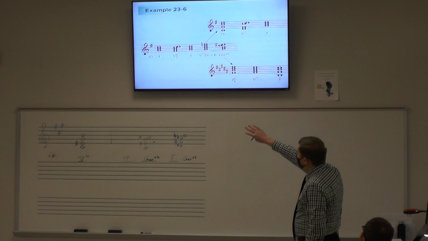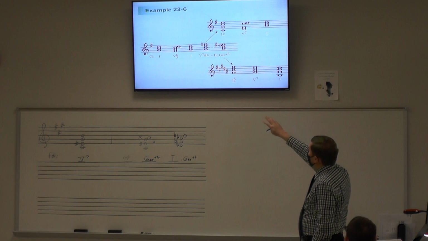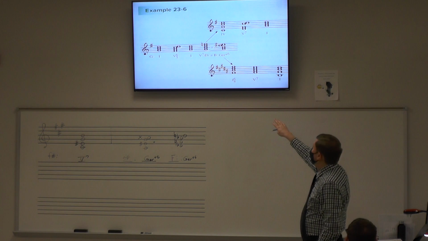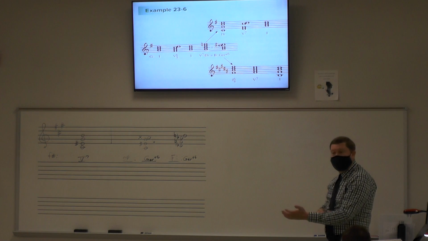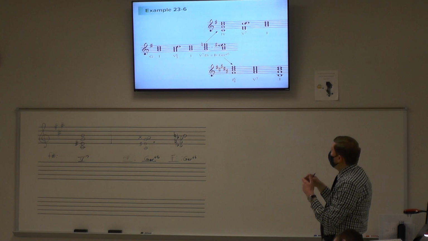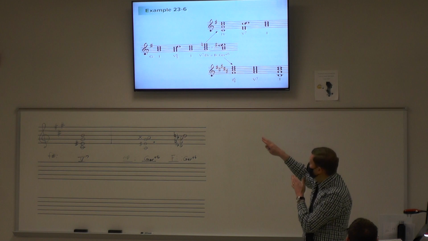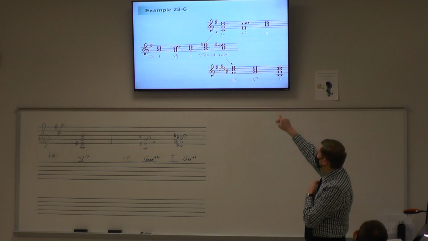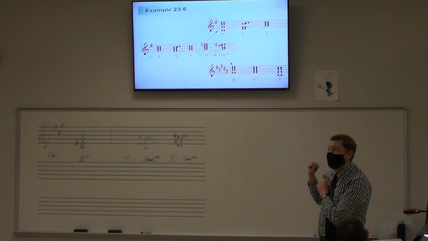Notice that at the beginning of this example, we've got G major, we've got 1, 5, 6, 5, 1, and then there's a 5, 7, and 4. It's at that point that the musician or the composer is in control. He or she can say, do I want to resolve the 5, 7, and 4 as a 5, 7, and 4 and go to 4, which would take me up to the top one and keep me in the same key of G?